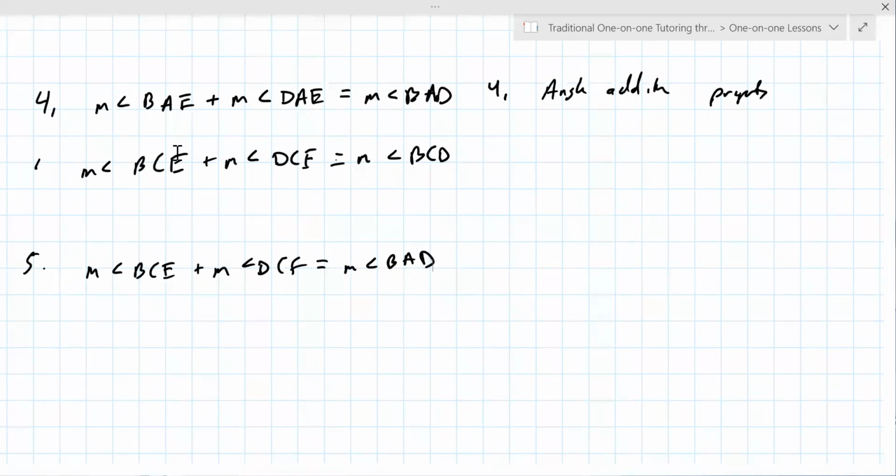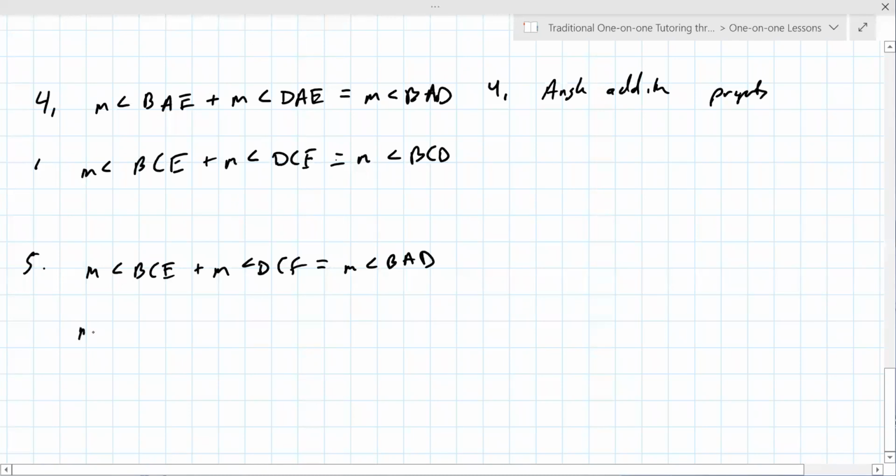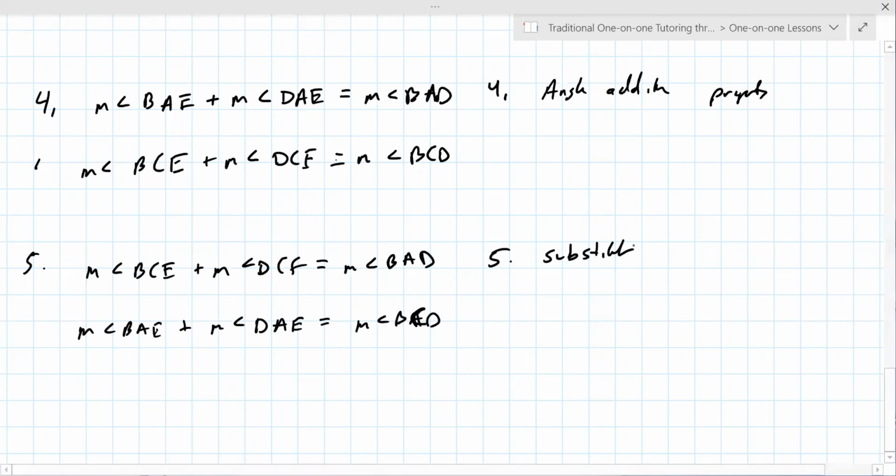Switching the bottom for the top, the measure of angle BAE plus the measure of angle DAE equals the measure of angle BAD. That's just substitution. And that's enough to prove that the measure of angle BAD equals the measure of angle BCD.